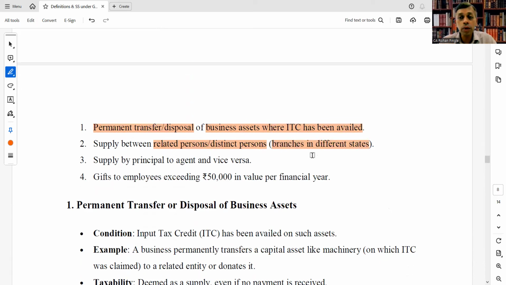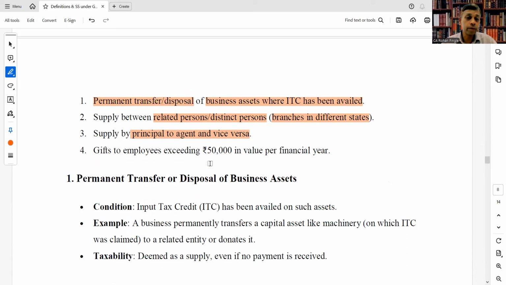Even though there is a Delhi branch, Mumbai branch, whatever the dealing, they will be related persons or distinct persons, and it will be covered as a supply. Supply by principal to agent and vice versa, meaning principal to agent or agent to principal is also covered under supply. That is covered under Schedule 1 activity.